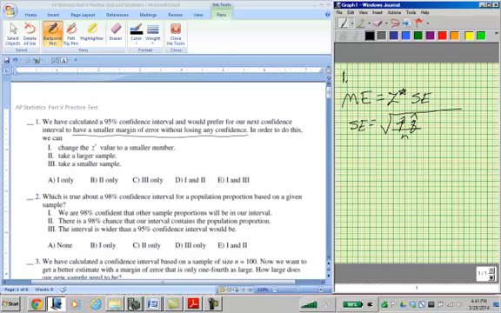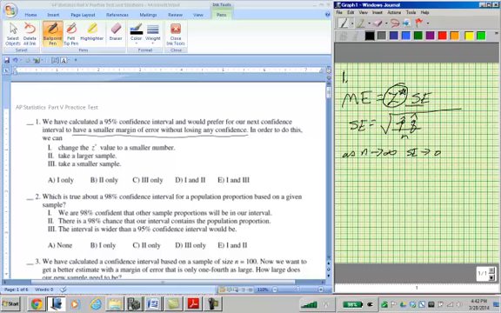Now, as N increases, I'm going to put this in math terms, approaches positive infinity, the standard error approaches 0. And that is, it gets smaller. As N gets bigger, standard error is going to get smaller because N is in the denominator. So if you don't want to lose confidence, that means Z star is going to stay the same.